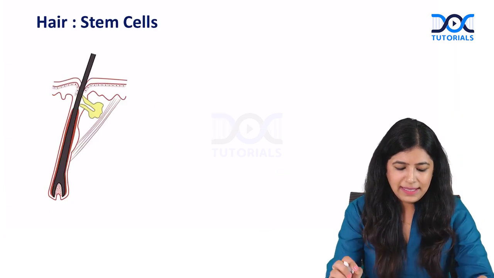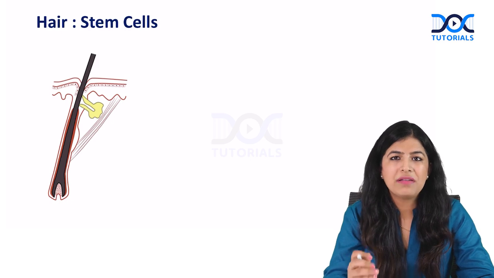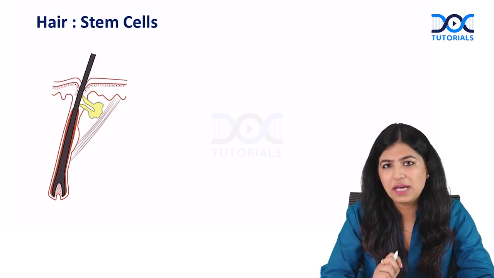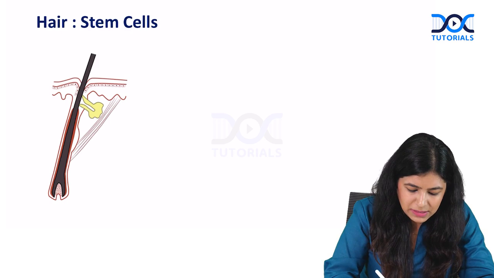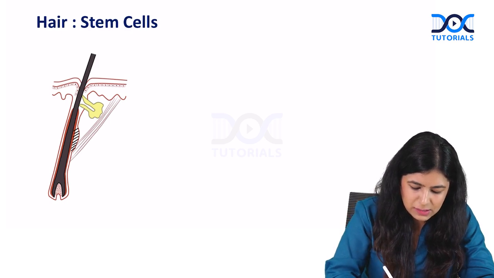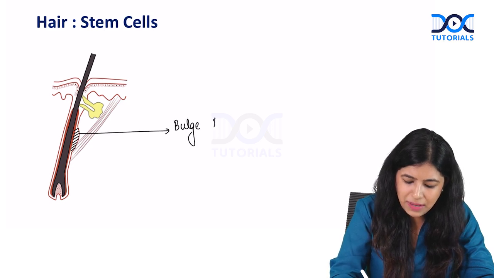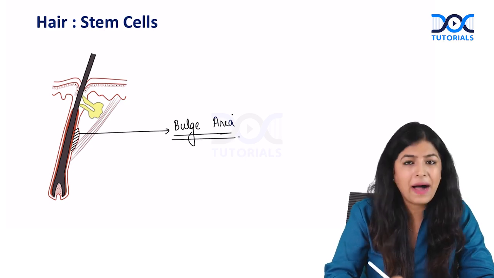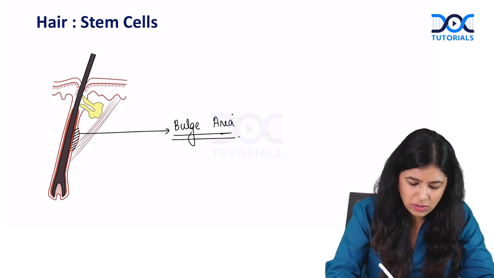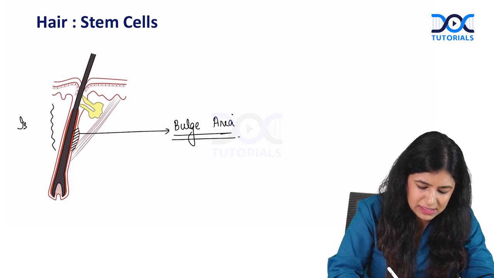Now, a very important thing that you have to understand is where the stem cells of the hair are located. The stem cells are located in this bulge area. You see this small bulge here? Yes, this is called the bulge area. Where is it located? It is located above the insertion of the erector pili, in this area, that is the isthmus.